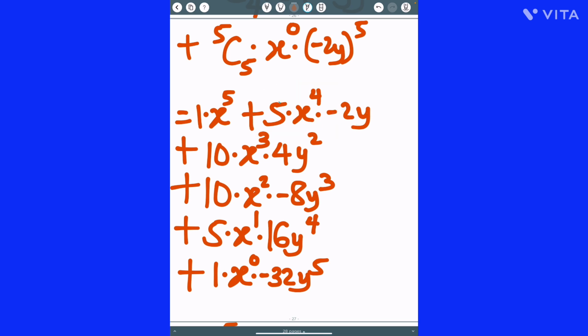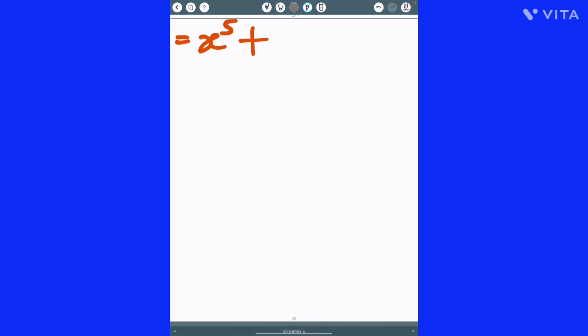The constants in that term will be multiplied to get a single value. Plus 5 times minus 2 will give me minus 10. So that's minus 10x raised to power 4 y.